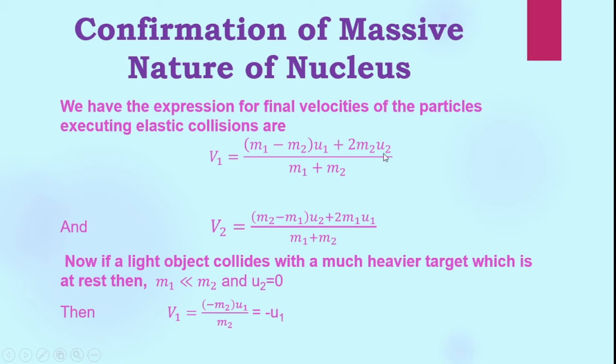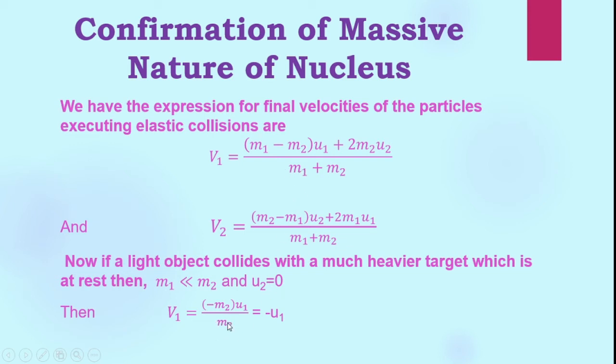it is observed that u2 is 0, so the twice m2 u2 term will vanish, and m1 is neglected with respect to m2, so it becomes v1 is equal to minus m2 u1 divided by m2, as m1 is neglected.